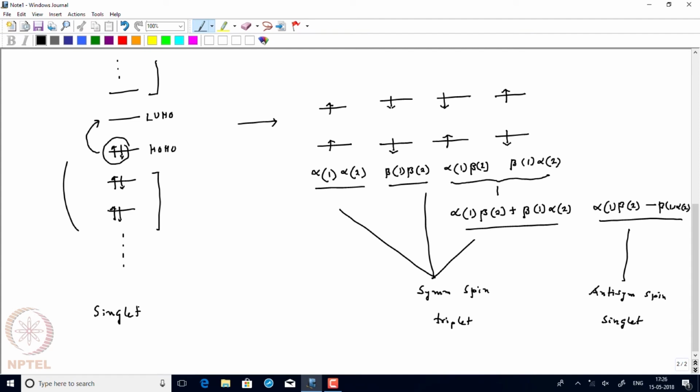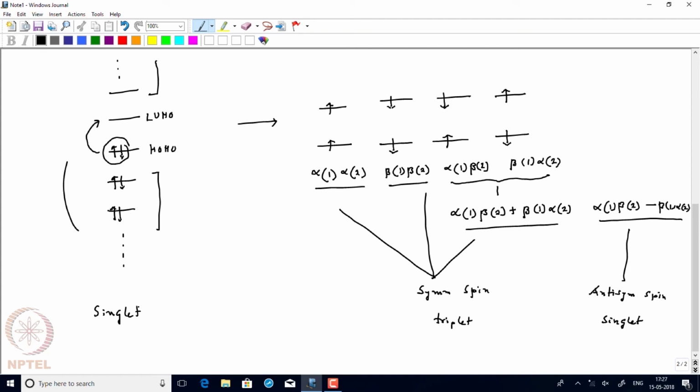In a similar way, molecules also have energy levels, and we have special nomenclature for them. If I fill in the electrons in the molecule in a similar way, from lower energy orbitals first and then the higher energy orbitals, molecular orbitals in this case, not atomic orbitals, then we get an electronic configuration. Now, the moment I promote an electron to the excited state, I actually have 4 different possibilities for the same configuration, and the configuration is 1 electron in HOMO and 1 electron in LUMO.